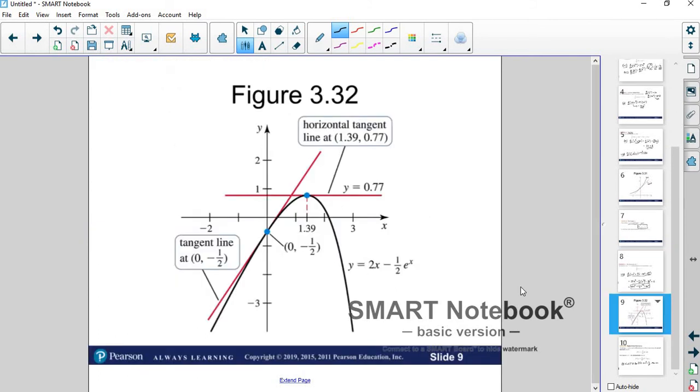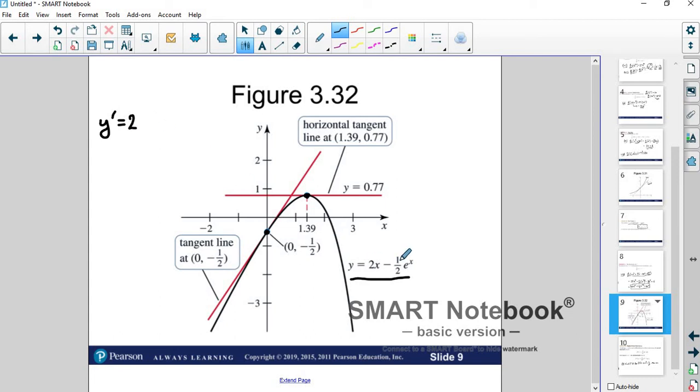Okay? So don't forget, I did say don't worry about it right now, but don't forget that the derivative tells you the slope of your tangent line. And so for the graph of y equals 2x minus 1/2 e to the x, for example, if I wanted to know the slope of the tangent line when x is equal to 0, I would need to take this derivative. I would find y prime, that's another way to write it, y prime or dy/dx. What's the derivative of 2x? 2.